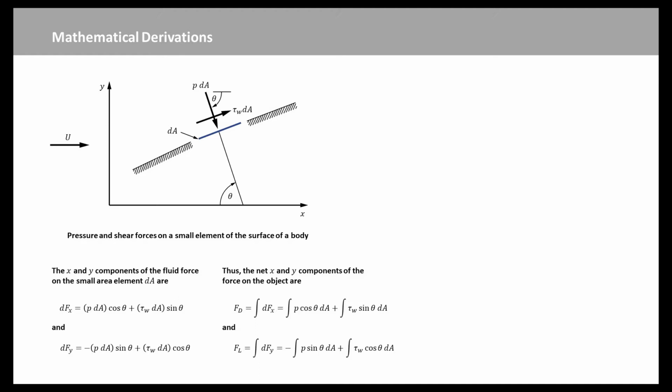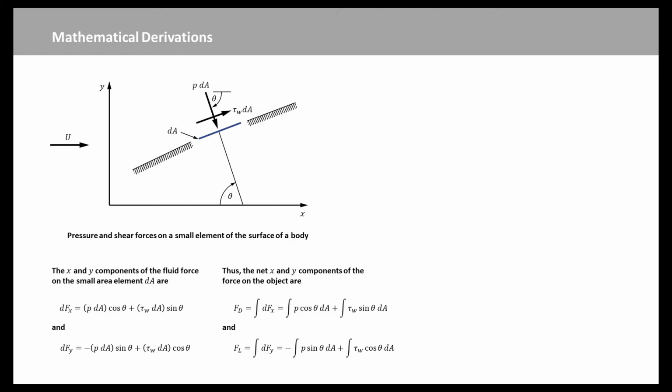Of course, to carry out the integrations and determine the lift and the drag, we must know the body shape, for example theta as a function of location along the body, and the distribution of tau_w and p along the surface. These distributions are often extremely difficult to obtain, either experimentally or theoretically.